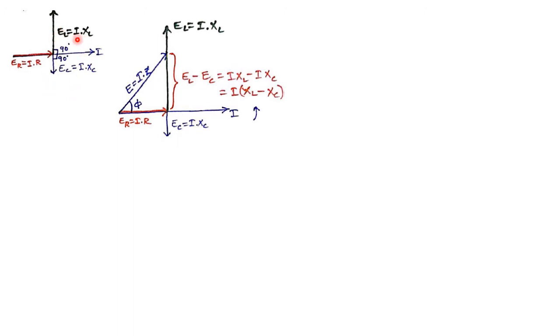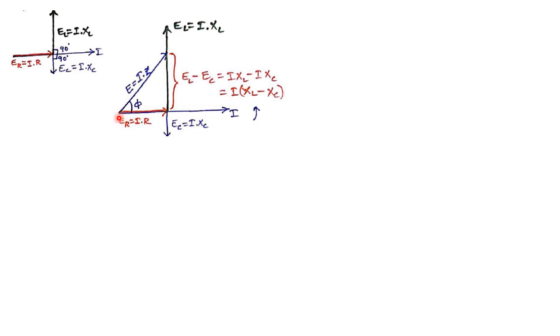The nature of inductive reactance is exactly opposite to the nature of capacitive reactance. So therefore the vectors EL and EC are opposing each other, or we can say these two vectors are out of phase by an angle of 180 degrees. So the angle between EL and EC is 180 degrees. Okay. So the resultant vector E should be drawn in such a way that I deduct the value of EC from EL.